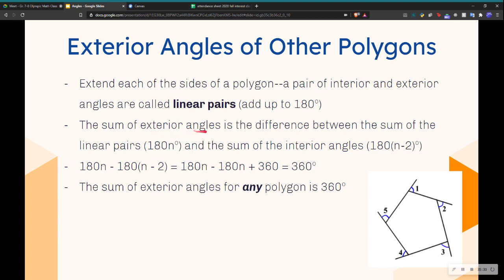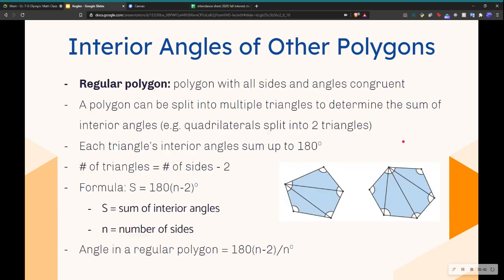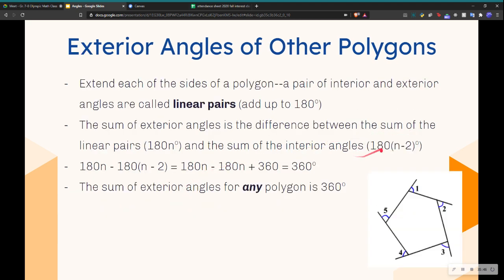So the sum of the exterior angles is 180 times n, minus the sum of the interior angles, 180 times n minus 2, as we got from the previous slide. You're just subtracting these two values: 180 times n minus 180 times n minus 2.